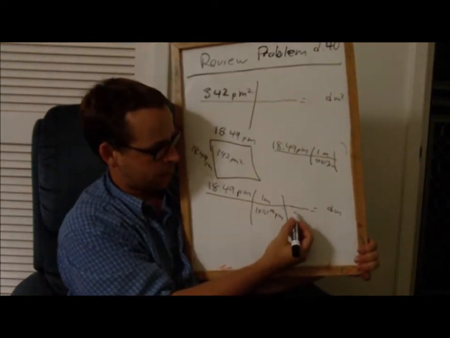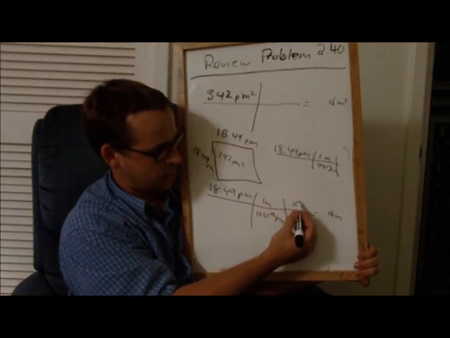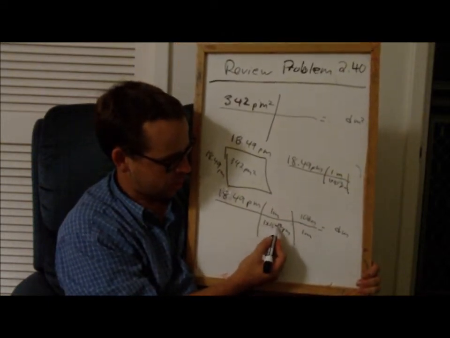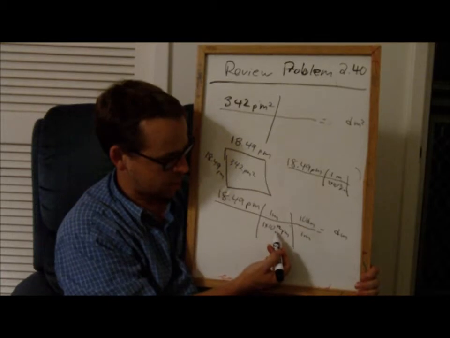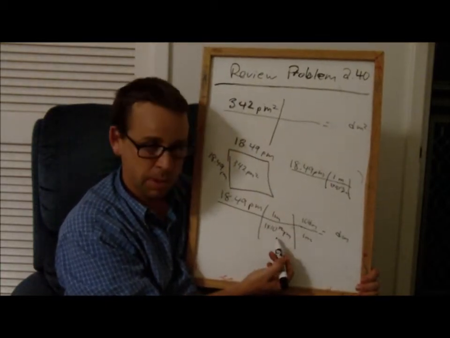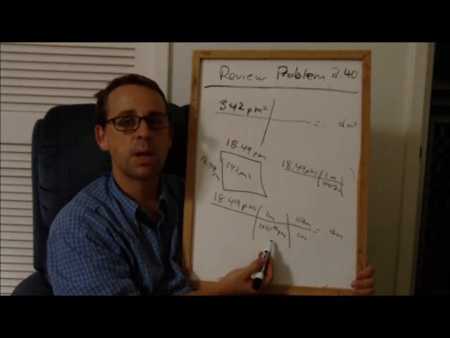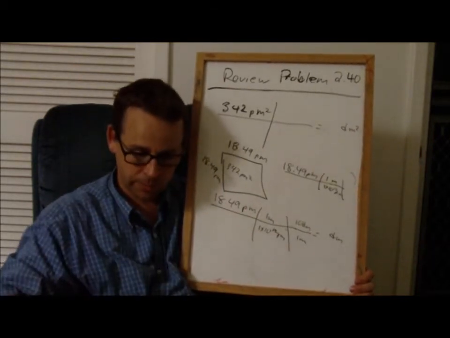And then we have 10 decimeters for every 1 meter. So instead of 1 times 10 to the 12th, it's just going to be 1 times 10 to the 11th, or 1 times 10 to the 12th divided by 10. Okay, so we've got 18.49 divided by 1 times 10 to the 11th.